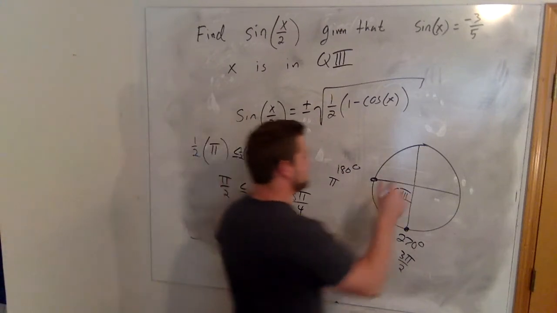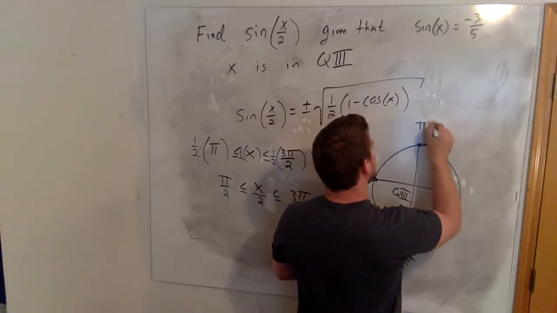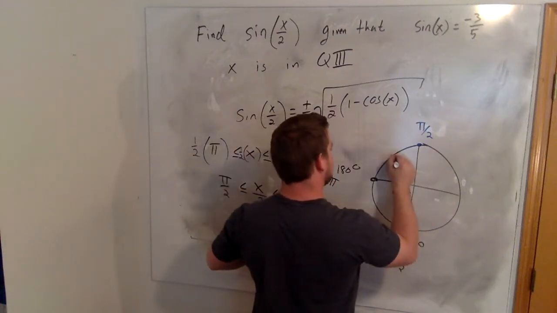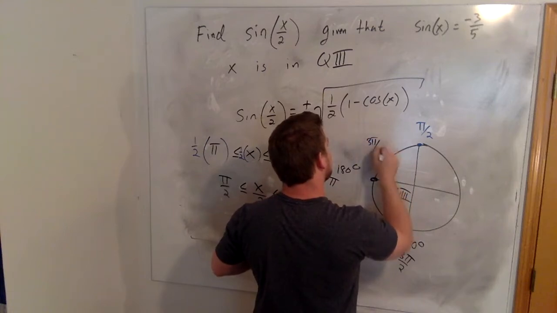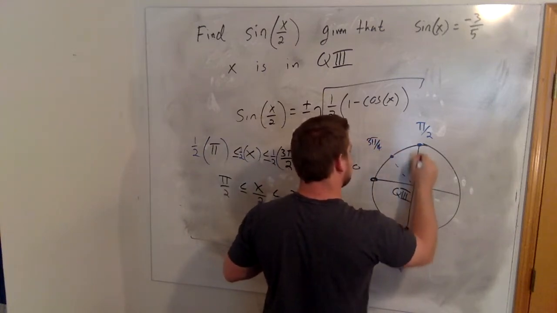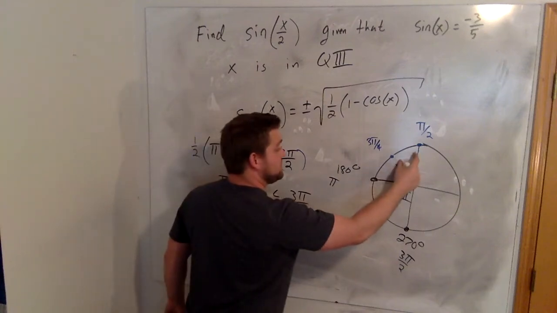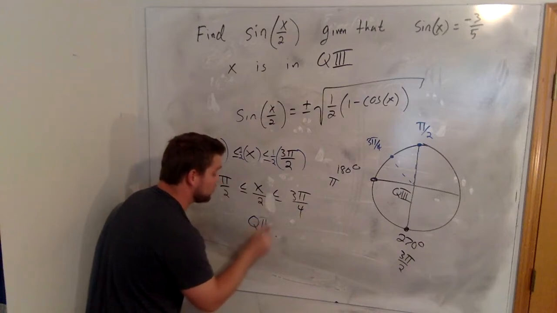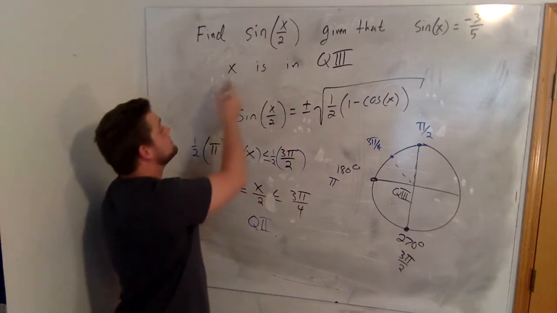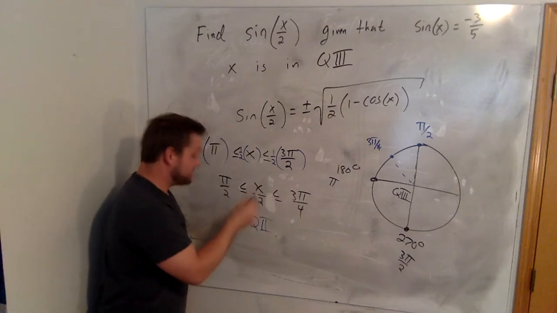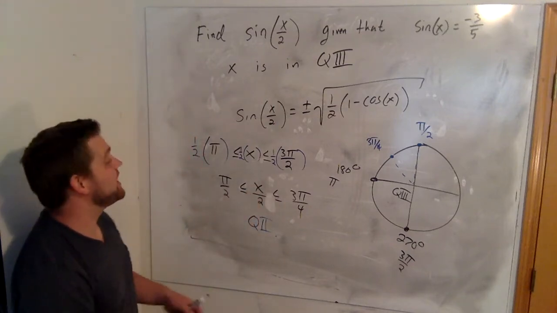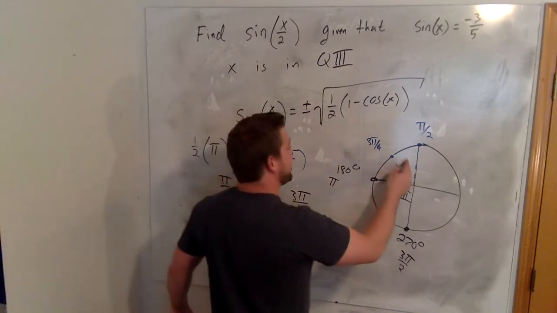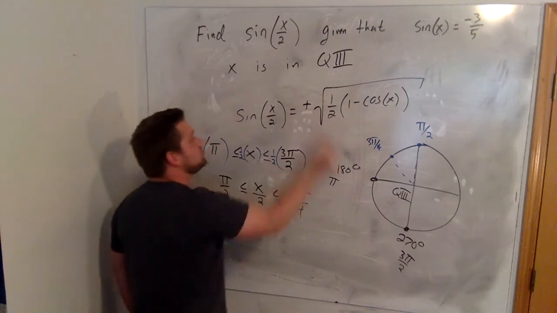Well, where's pi over 2? Here's pi over 2. And 3 pi over 4: 1, 2, 3, here's 3 pi over 4. So x over 2 lives here. We're actually in quadrant 2. If x is in quadrant 3, then x divided by 2 is actually in quadrant 2. So we've got to be a little bit careful with these sign choices. If we're in quadrant 2, sine is positive here, so we actually want to choose the positive version.